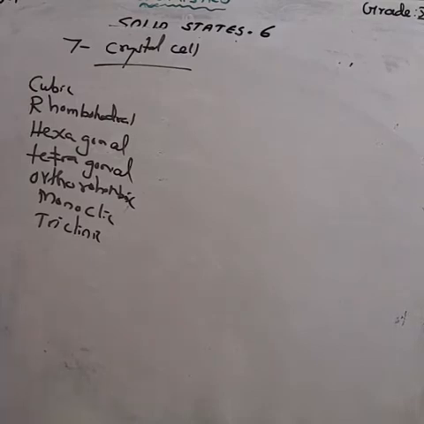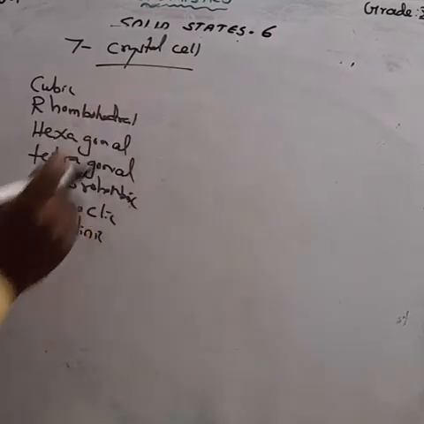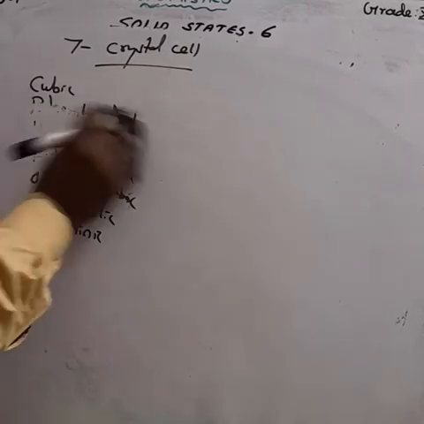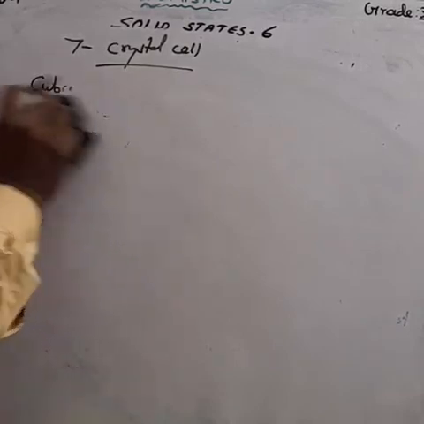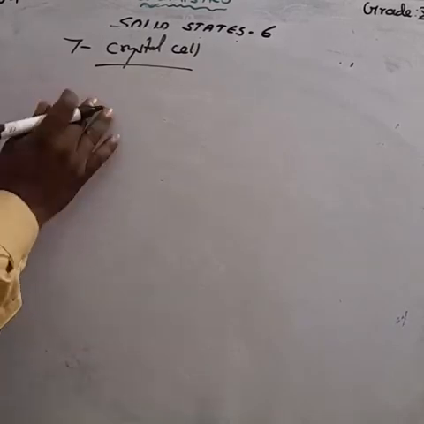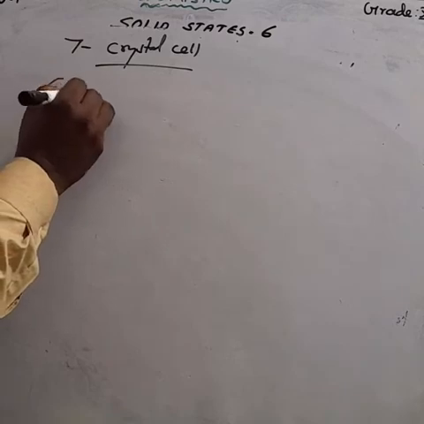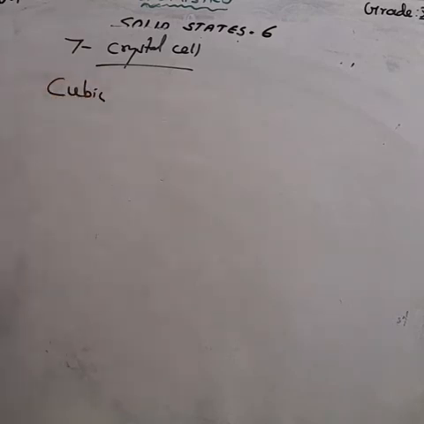But for the easiest way of understanding, I am changing the order. For easily understanding only. As you wish, you can learn it. For the better way of learning, I am changing the order like that. Number 1, cubic.